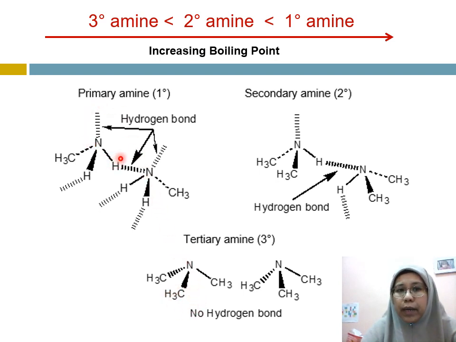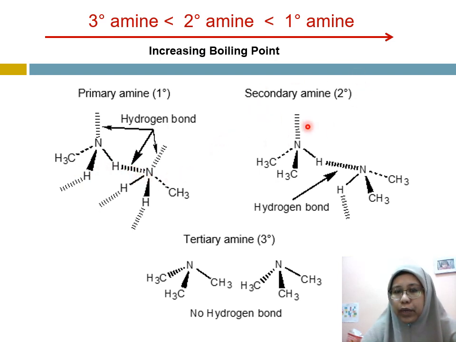So primary amine would have a lot of hydrogen bonding among the molecules because of the electronegativity of nitrogen having the lone pair, and then available free hydrogens here, 1 and 2.